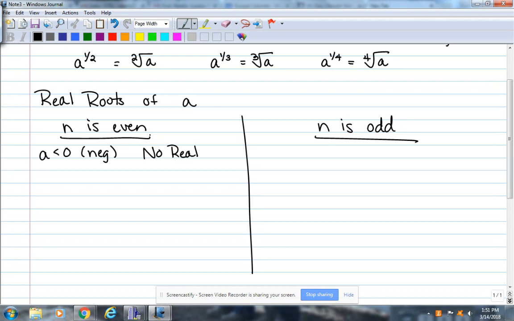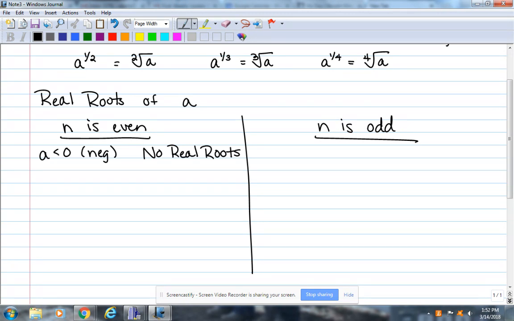So if it's an even index, that means square roots, fourth roots, sixth roots, eighth roots, 10th roots. If we take the square root of a negative, what do we get? An imaginary, right? So that's no real answers. We can't take the square root of a negative. You also can't take the fourth root of a negative. You also can't take the sixth root of a negative. So if you have an even index, you cannot take that root of a negative.